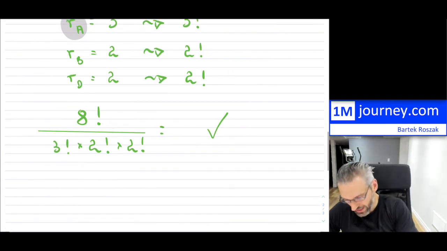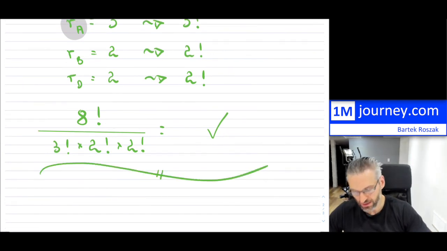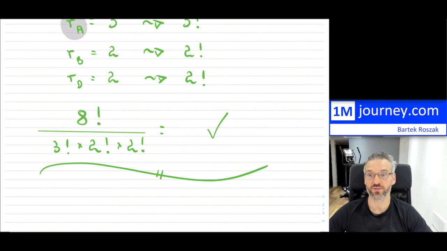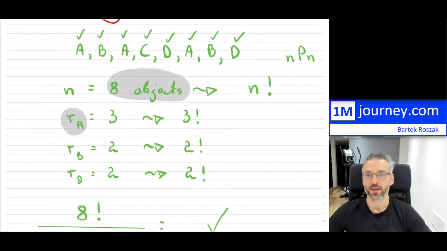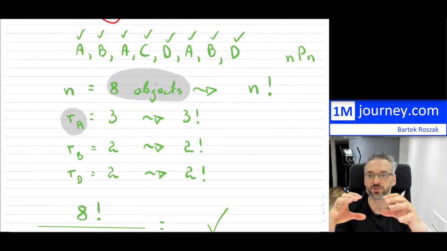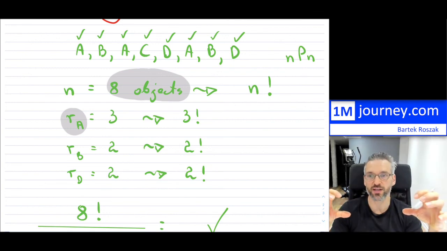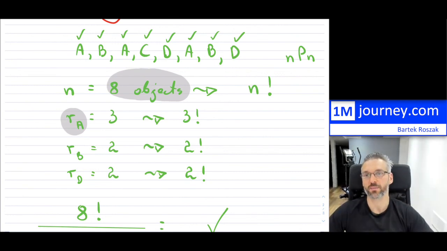But in the video that I linked at the beginning of this video, the harder question is, what if we did have something like this, but instead of asking how many permutations of the entire 8 objects, I wanted to see how many permutations of maybe 4 of them I would have, or 3, or 2 for that matter?